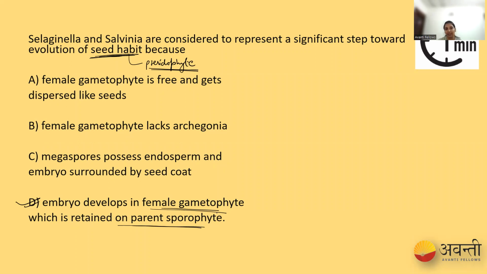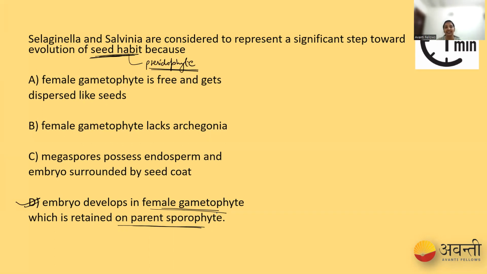That means the female gametophyte is not detached from the parent sporophyte. When these female gametophytes are formed, they remain attached to the main plant body of the pteridophyte, which is the sporophyte. These female gametophytes have the female gamete, which is an egg. When the egg is fertilized, it forms a zygote, and the zygote then divides and forms the embryo. So the embryo is still developing in the female gametophyte, and the female gametophyte is still attached to the sporophyte.